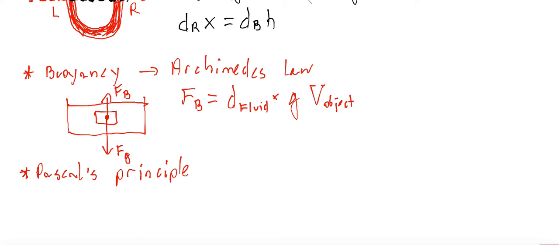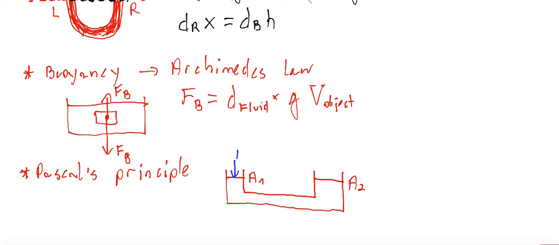Let's imagine that you have something like connecting pipes, connecting containers, and let's imagine that you have two pistons, one here of area A1 and one here of area A2. What happens if A1 experiences a force?